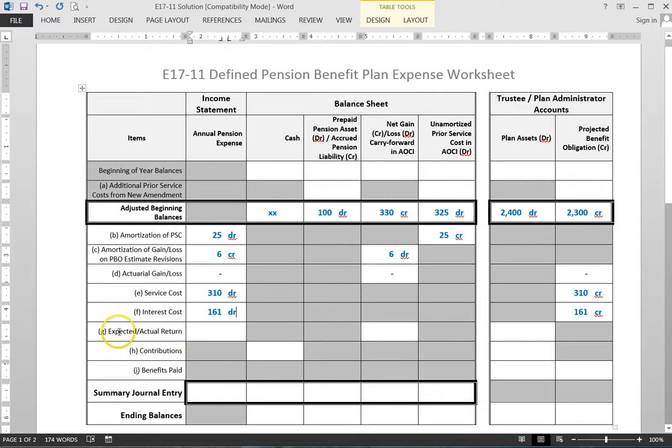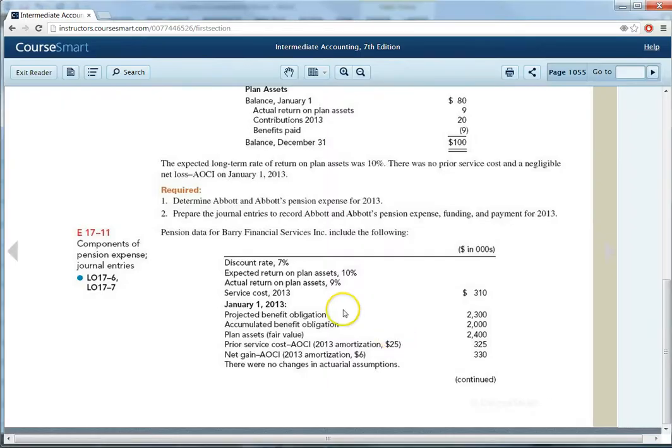The expected rate of return is used as a credit to the pension expense, whereas the actual return that's generated is based on the actual increase in plan assets. And if there is a difference between the two, that will be squeezed into any sort of net gain or loss carry forward. So let's check and see what our data looks like here.